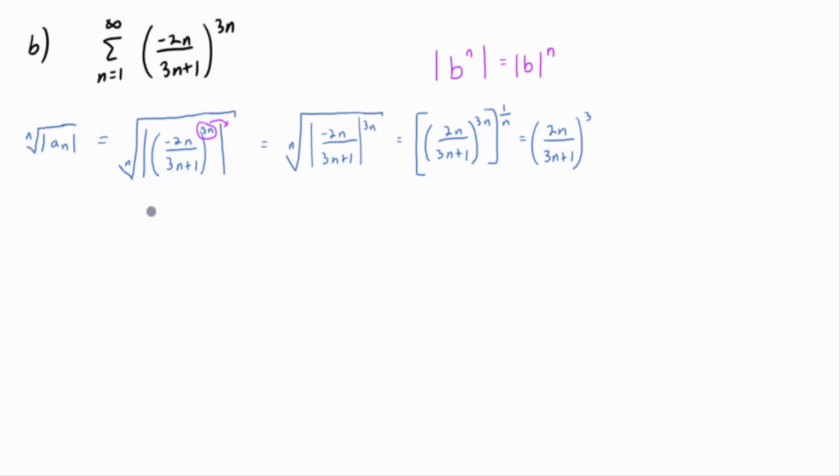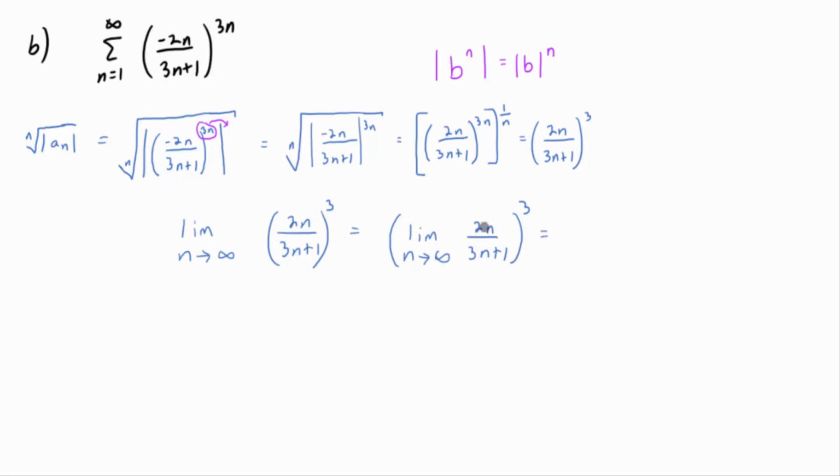I'll just use the symbolism. Limit as n goes to infinity of 2n over 3n plus 1 cubed is the same as, really what you can do is bring the limit to the inside and cube the whole thing. It's the same as the limit as n goes to infinity of 2n over 3n plus 1, the whole thing cubed. And then you can use that property we used in the last one.